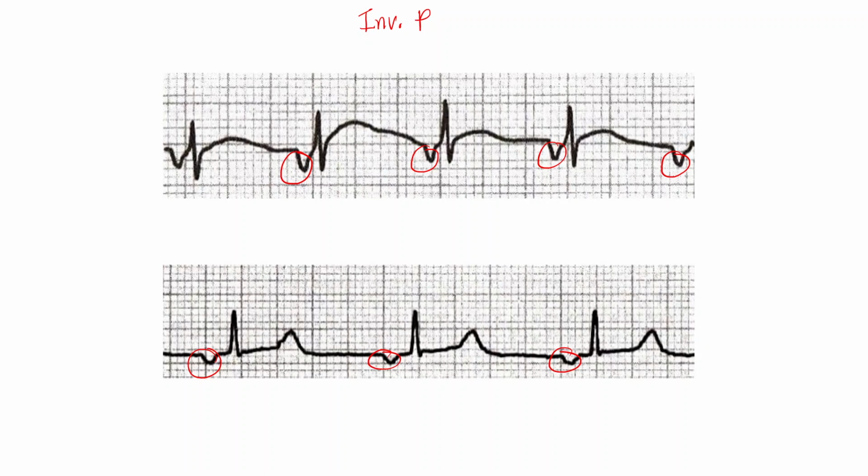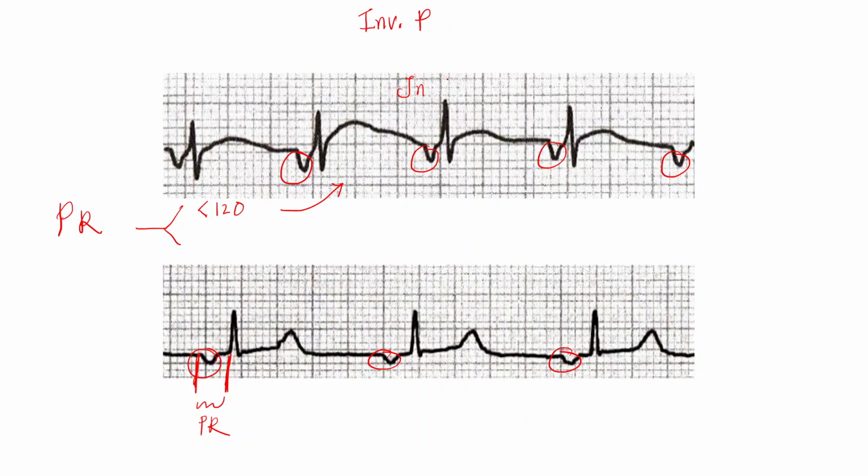You have to see the PR interval. The PR interval is from the start of the P to the start of the QRS. So this is the PR interval. If the PR interval is less than 120 milliseconds, it is junctional rhythm.